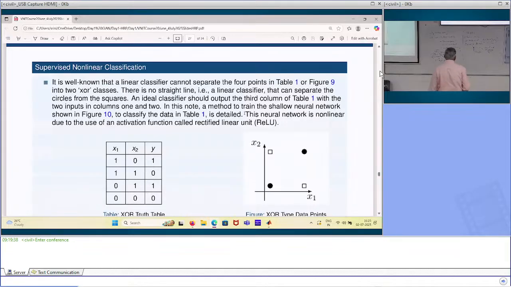Because it was not a linear classifier, things stopped for several decades. We now can't classify, and all the excitement just went down. This is such a simple thing, called XOR, if you like. We cannot classify such a simple thing, so what are we going to do? It all came down. But then, people are always clever, more clever than you think.